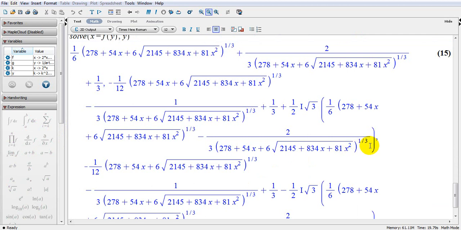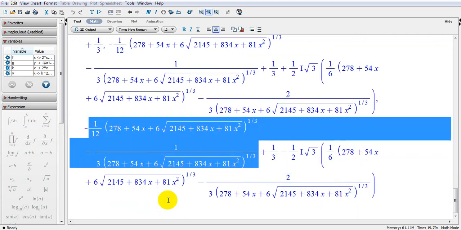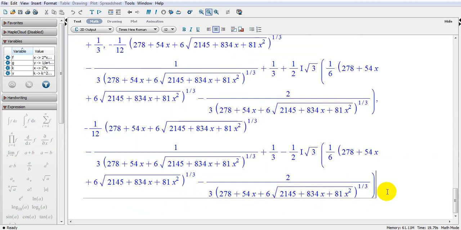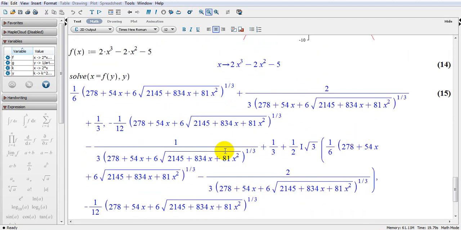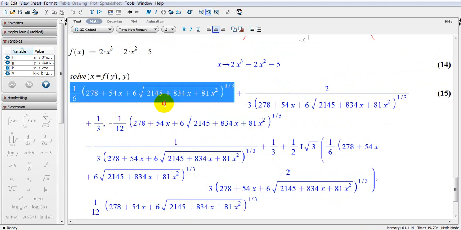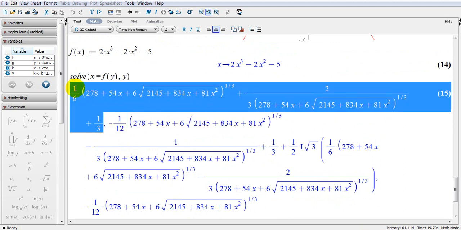The next one starts from here. Actually, we have three: one starts up to this comma, the next one up to this point, and I have one actual answer, the real answer, which is this value here, as I highlighted in blue. So I have three answers, two imaginary and one real.